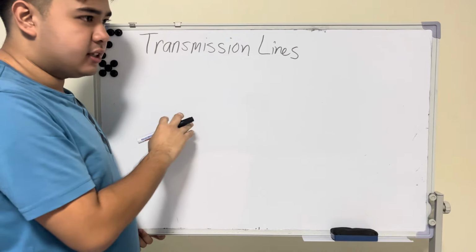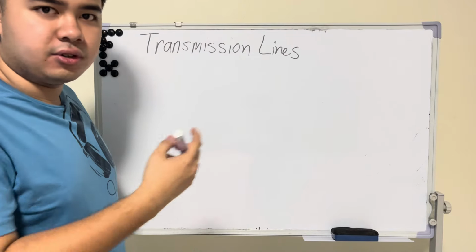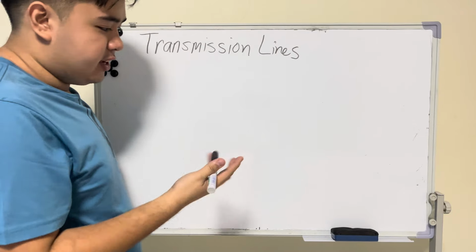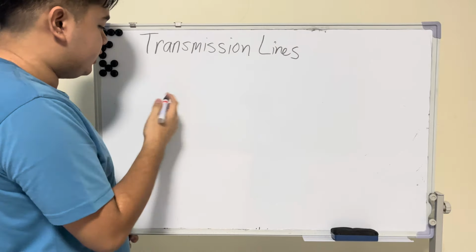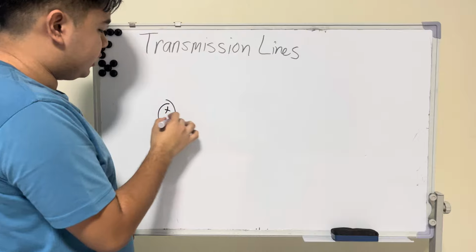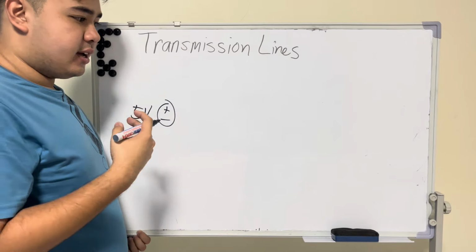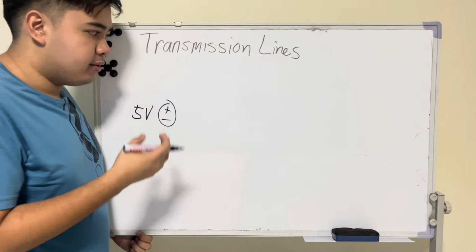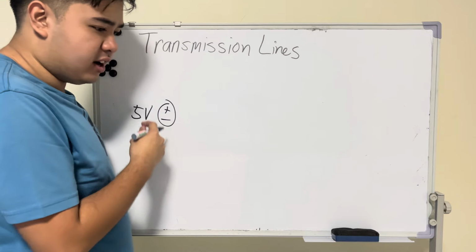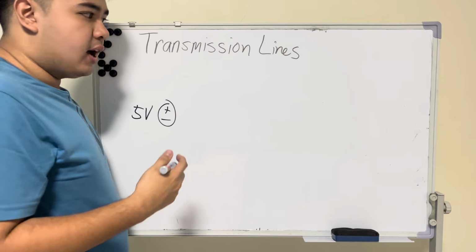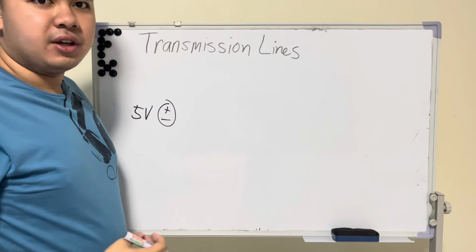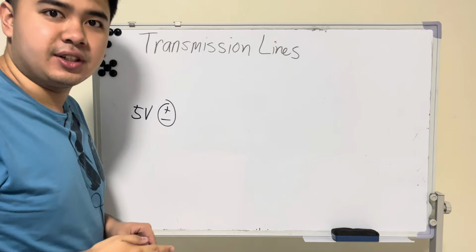So we want as much of the signal as possible to reach the load. Why? Because the usual signals here have 5-volt peaks or whatever, and this is very low. Because of this low voltage or low power, if some of it gets attenuated, you would not be able to receive a signal at the other end.